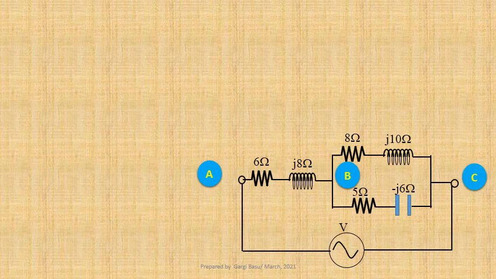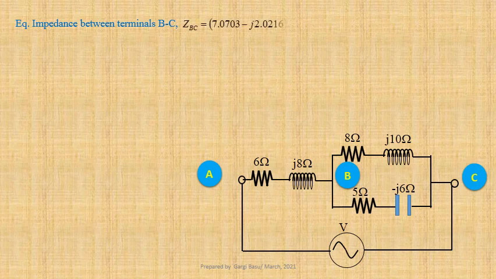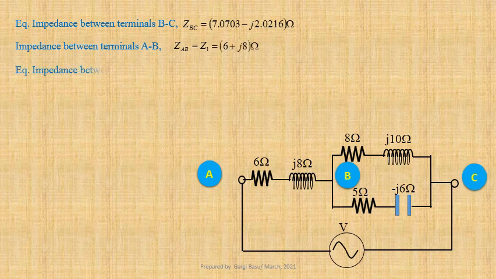We have determined equivalent impedance between terminals B and C. ZBC equals 7.0703 minus J2.0216 ohm. Impedance between terminals A and B, ZAB equals Z1, that is equal to 6 plus J8 ohm. Now we shall calculate equivalent impedance between terminals A and C. ZAC equals ZAB plus ZBC.